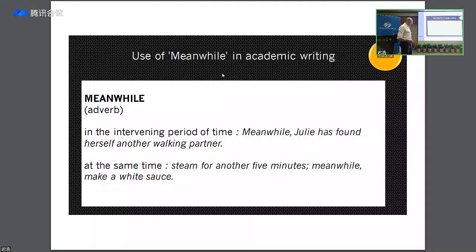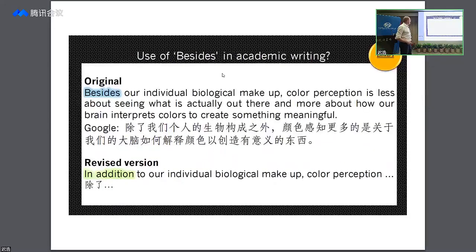But when you have a look in newspaper articles, when you read China Daily, let's say, you'll find meanwhile in every article of the China Daily. Have a look what the meaning there is. It hardly ever means simultaneously. Okay, so that's why please don't use it.